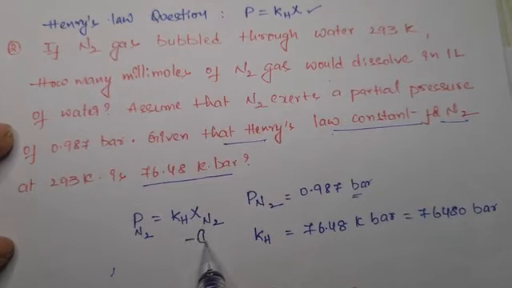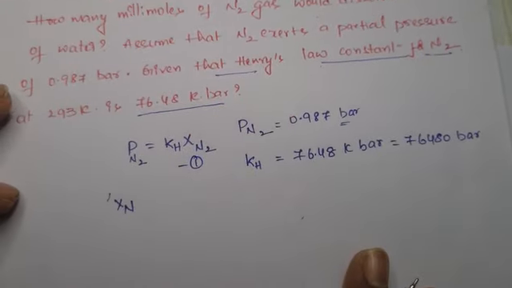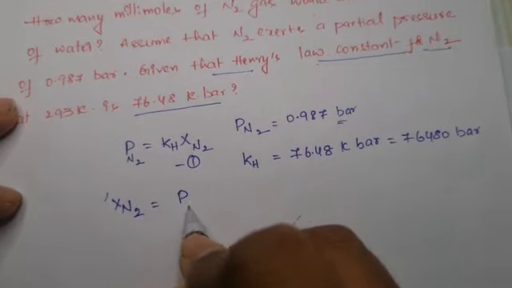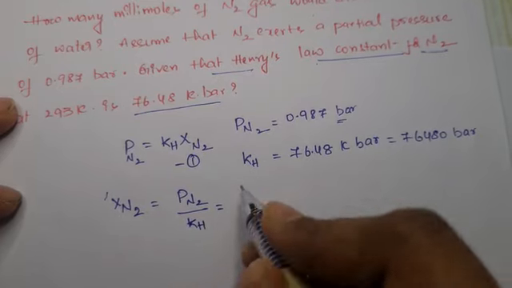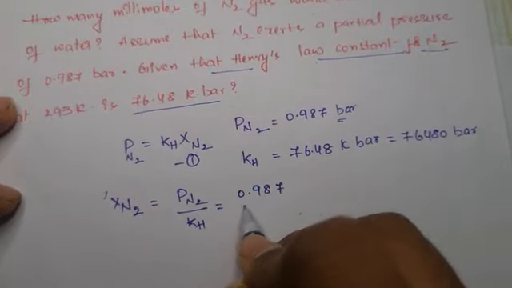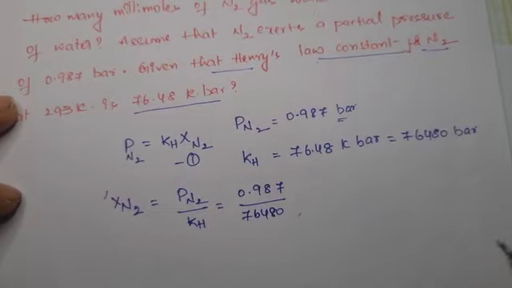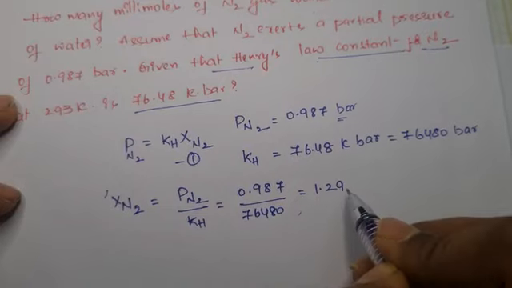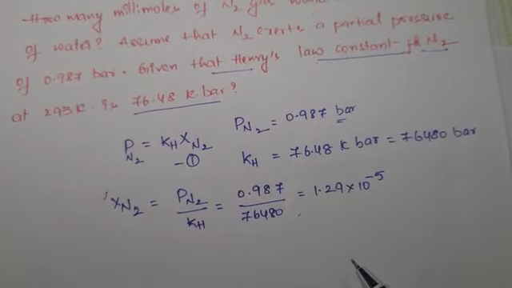If you substitute these two values in this equation, zeta N2 equals PN2 by KH, that is 0.987 by 76,480. This value approximately comes to 1.29 into 10^-5.